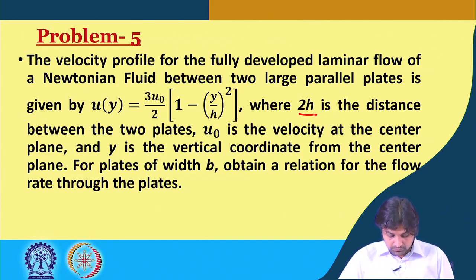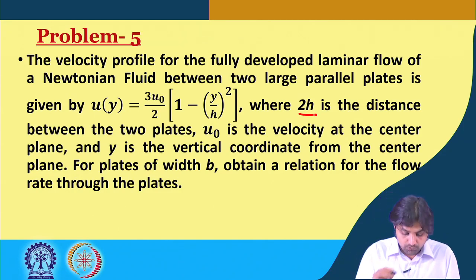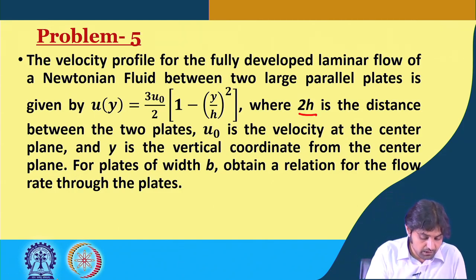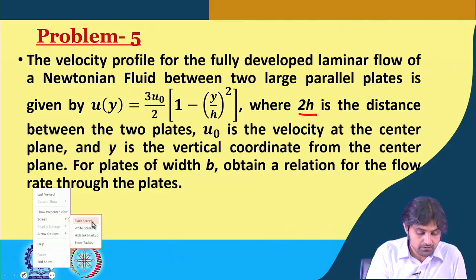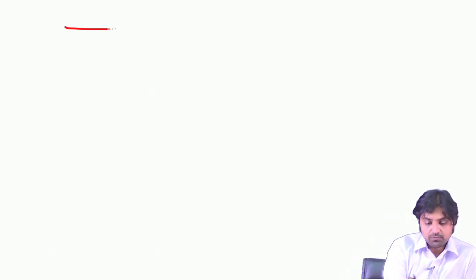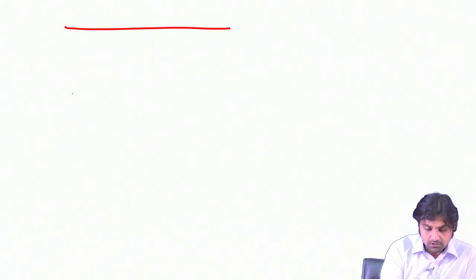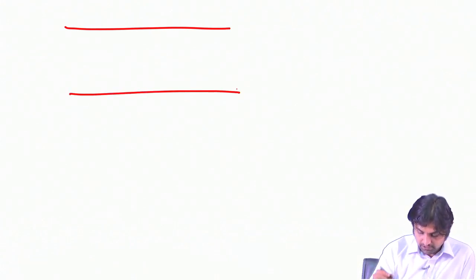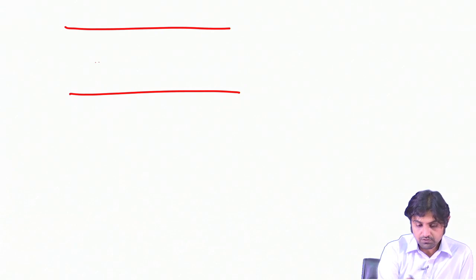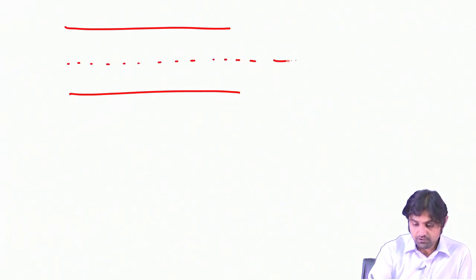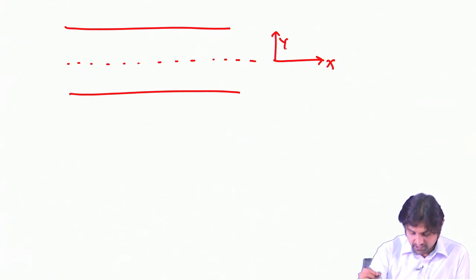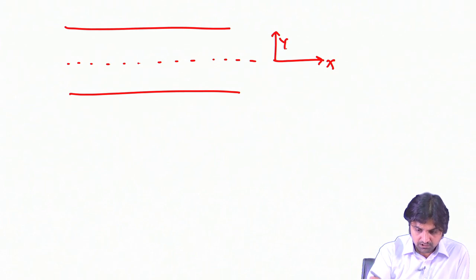What we are going to do is solve it, and as always we are going to use the white screen. First of all, it is important to draw the plates. If this is the center line, let us say we draw the x axis in this direction and the y axis in this direction.